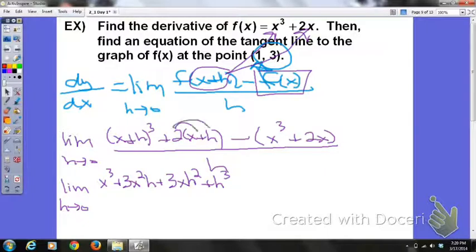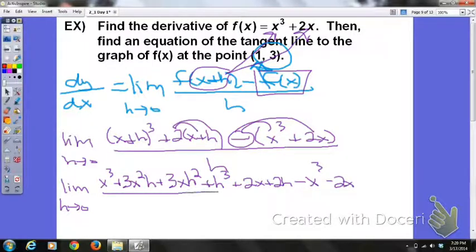We need to then distribute the 2, so plus 2x plus 2h, and also distribute our subtraction, so minus x cubed minus 2x all over h. That was just a lot of algebra.